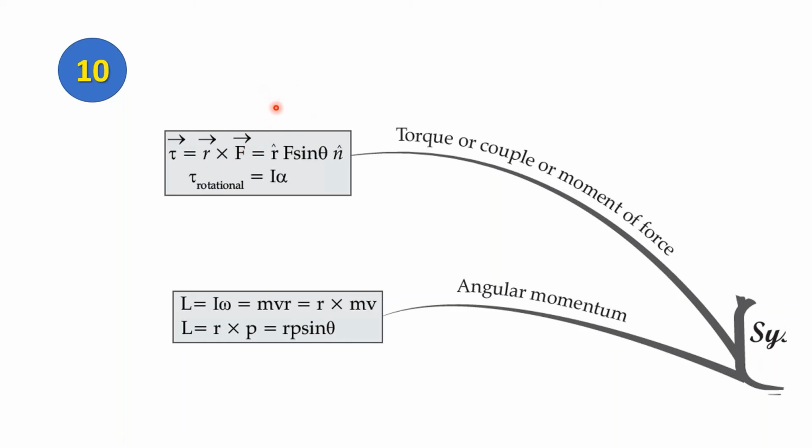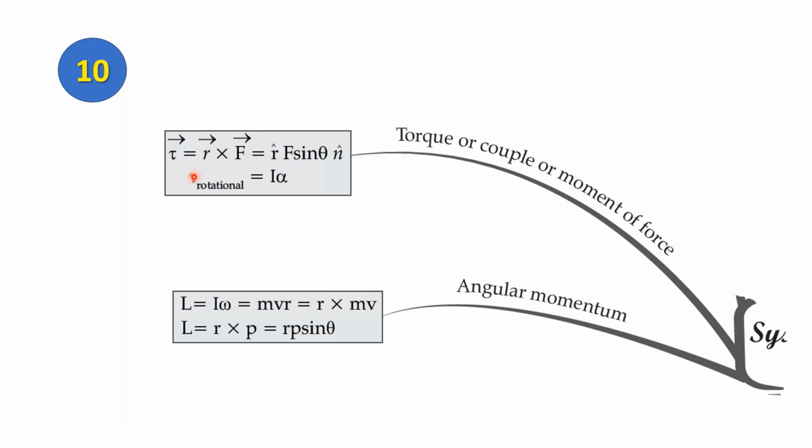So we multiply the radius, we multiply the force, and then we multiply sine theta to that to get the cross product of position and force. So torque will be the same as rF sine theta, which is the same as r bar cross F bar.